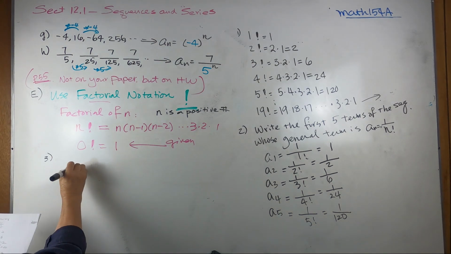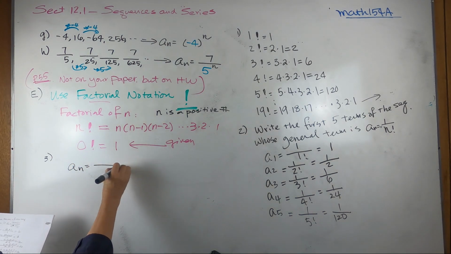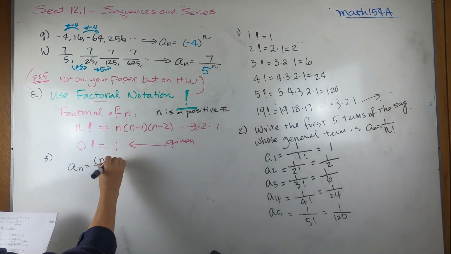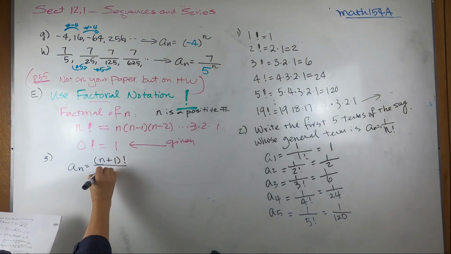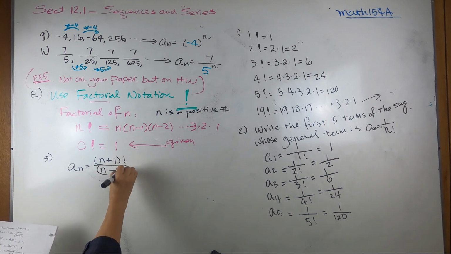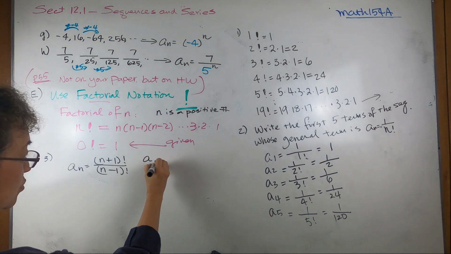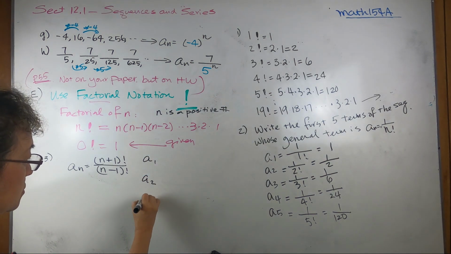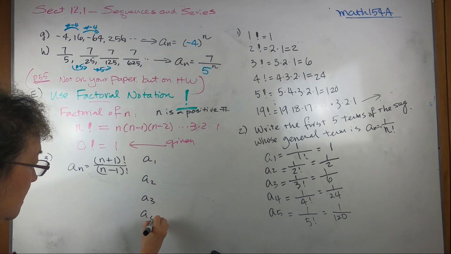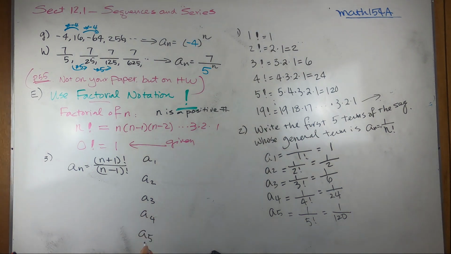If the pattern is this way, a_n equals (n+1)! over (n-1)!, then we want you to find the first 5 terms. That means you need to find A1, A2, A3, A4, A5, right?